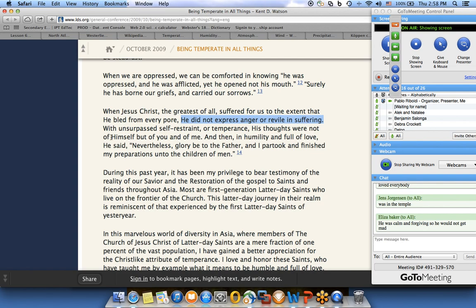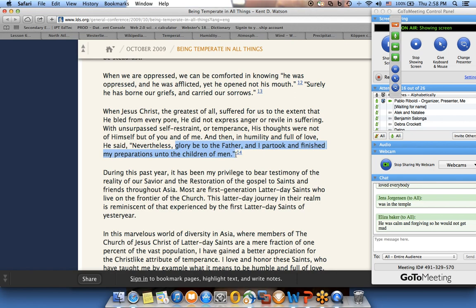Okay. With unsurpassed self-restraint and temperance, his thoughts were not of himself, but of you and me. And then in humility and full of love, he said, nevertheless, glory be to the Father, and I partook and finished my preparations unto the children of men.